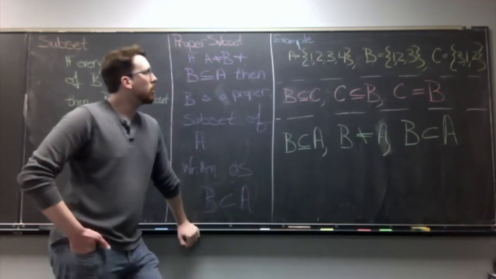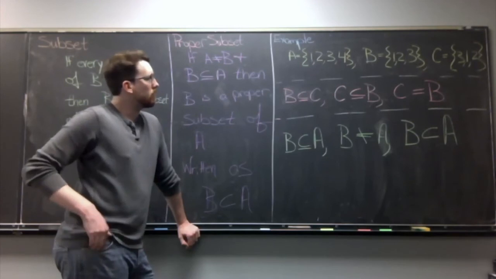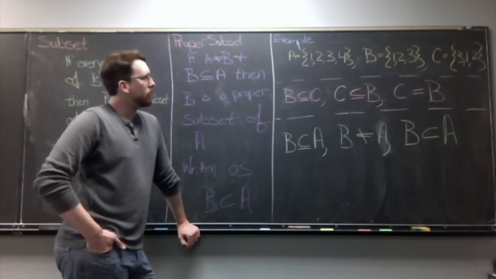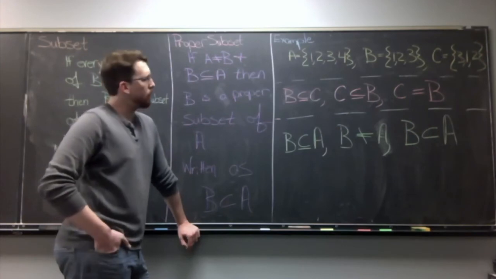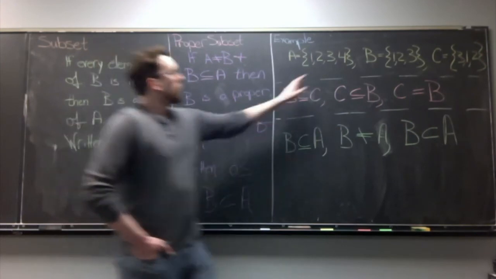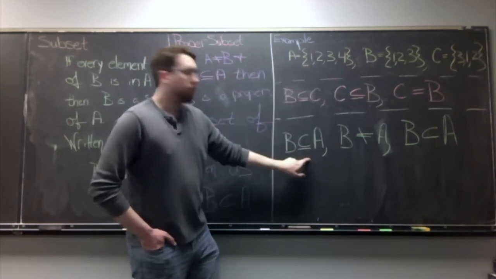Notice though, that A and B, they're not equal to each other, right? But B is a subset of A, just like what we've got here.